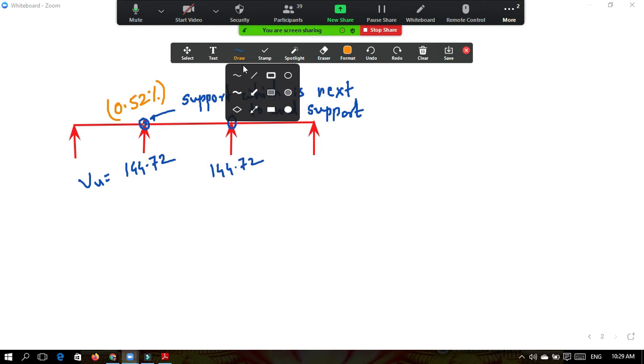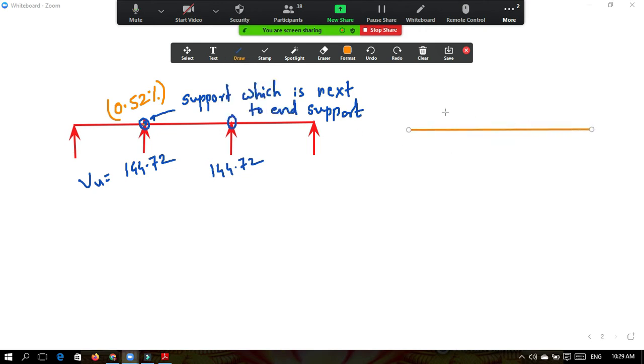The meaning of this is, again if I show you by another diagram, suppose this is the diagram, and if we draw the bending moment, I will draw the supports for your better understanding. Here second support, third support, fourth support. So here the bending moment diagram will be like this, and it is continued.